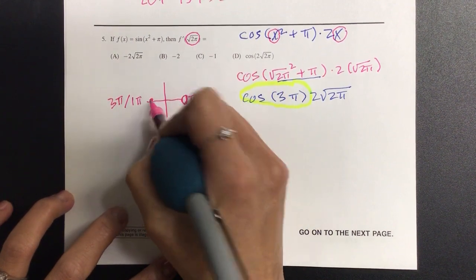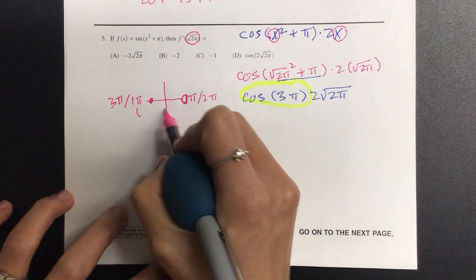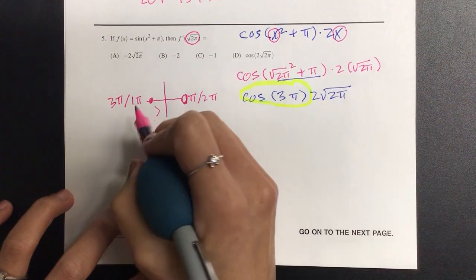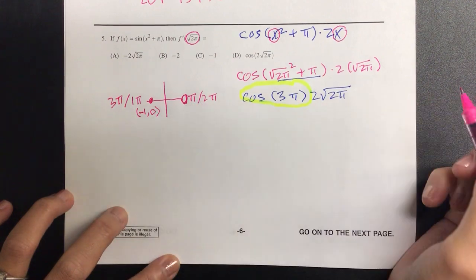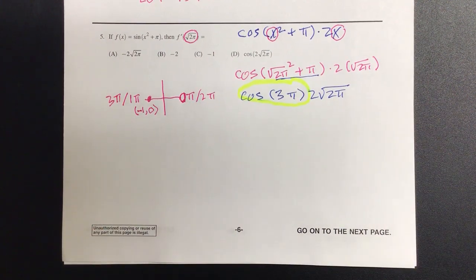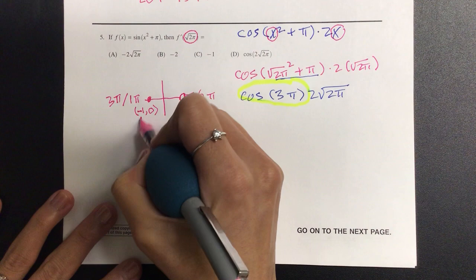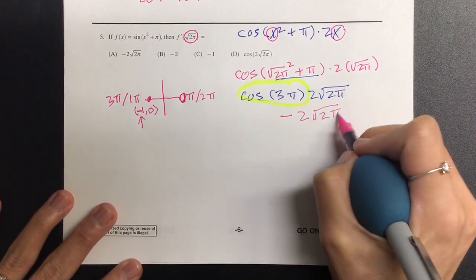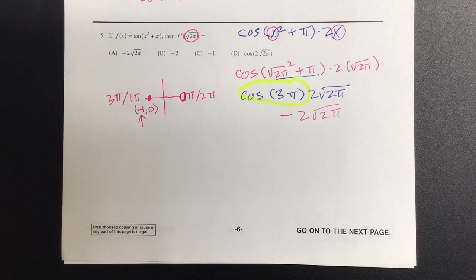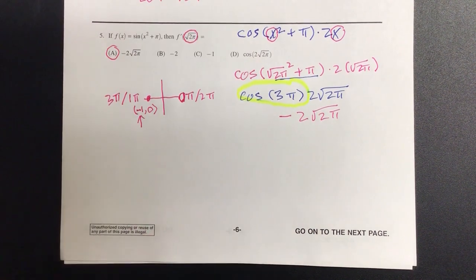So go ahead and make your ordered pair. My ordered pair here is what comma what? Negative 1 comma 0. And cosine is which value, x or y? The x. So if I plug that in, we get negative 2 times the square root of 2 pi. Do we see that? Yes. All right. Go ahead and give your neighbor a high five.